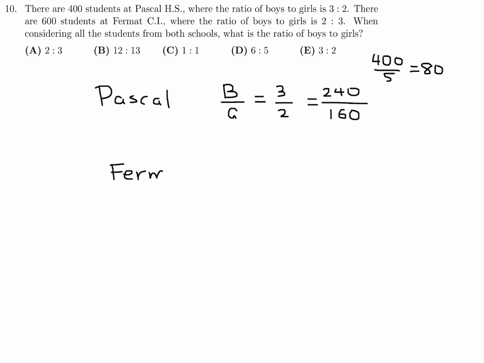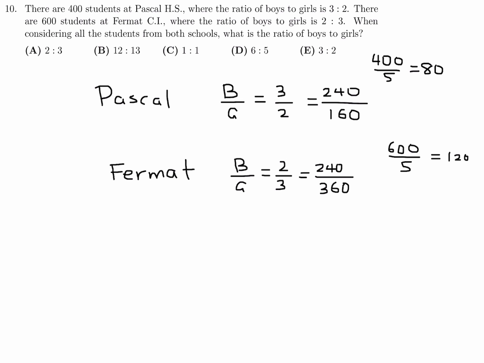Now, Fermat Collegiate Institute, their boy-to-girl ratio is 2 to 3, and they have 600 students. So in a very similar way, 600 divided by 5 gives you 120. And therefore, 2 times 120 is 240, and 3 times 120 is 360. So this is the ratio of boys to girls at Fermat CI.